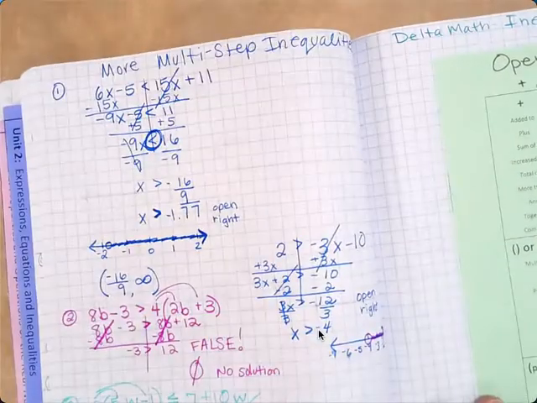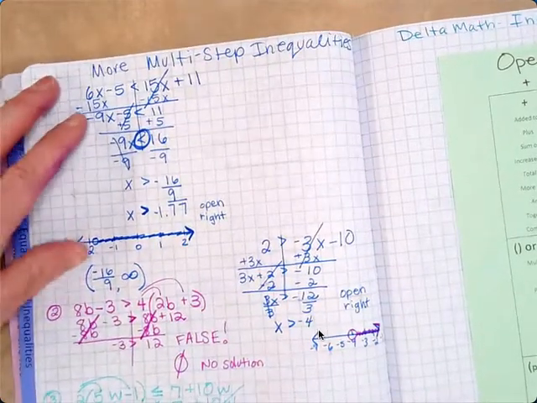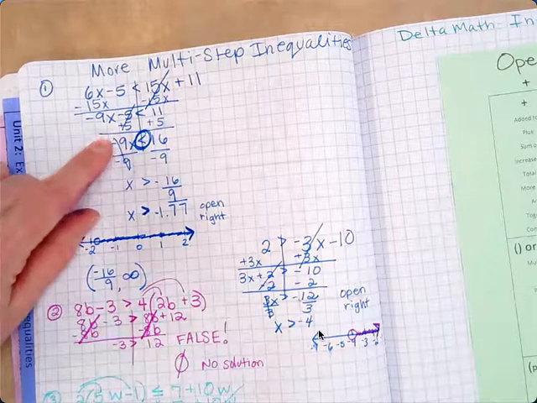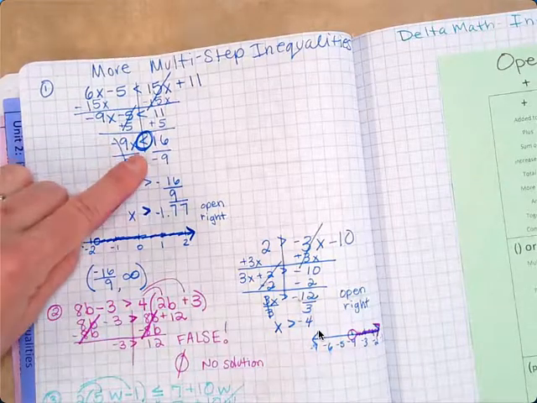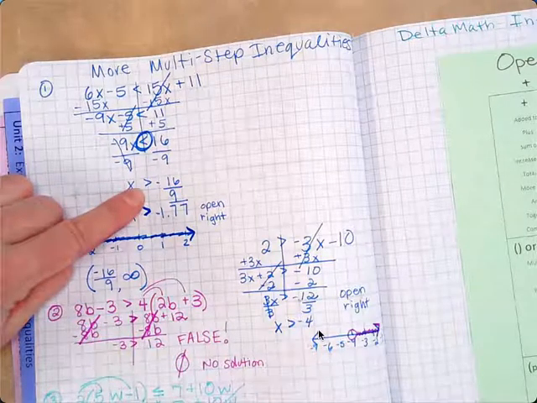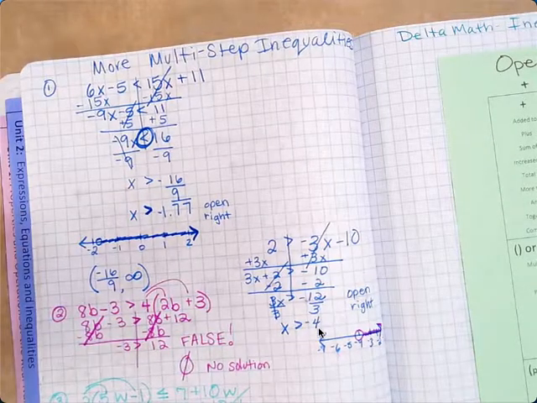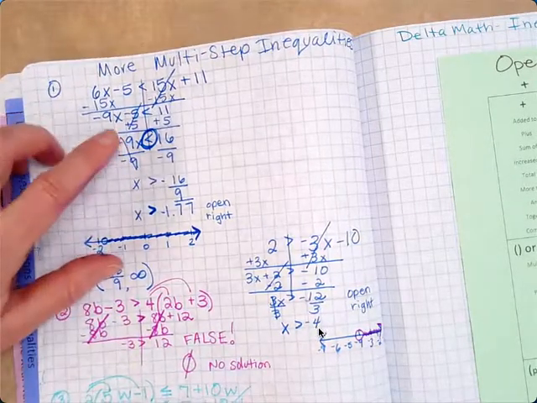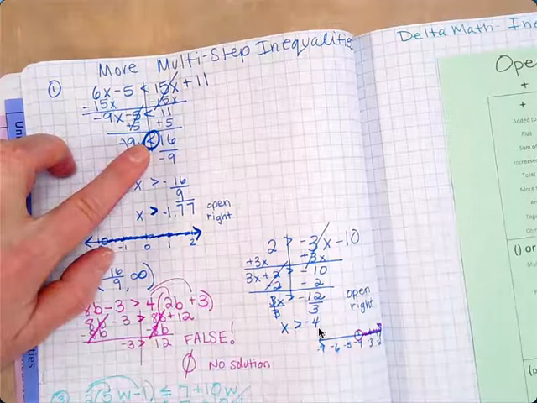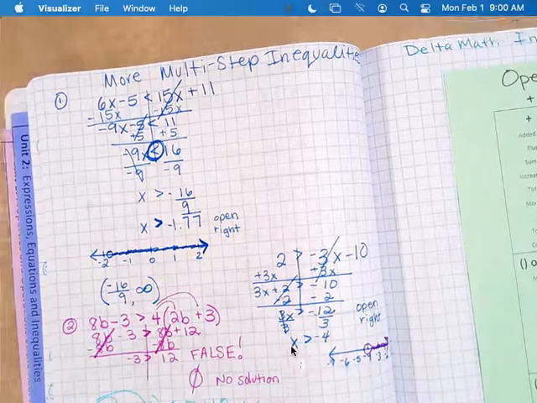Remember a while ago when we were solving for x on this one, whenever I divided by a negative, I circled my inequality sign and then I flipped it. It's the same thing whenever you solve your equation for y. Anytime you divide both sides by a negative, you have to flip that sign. Okay, so let's go back.